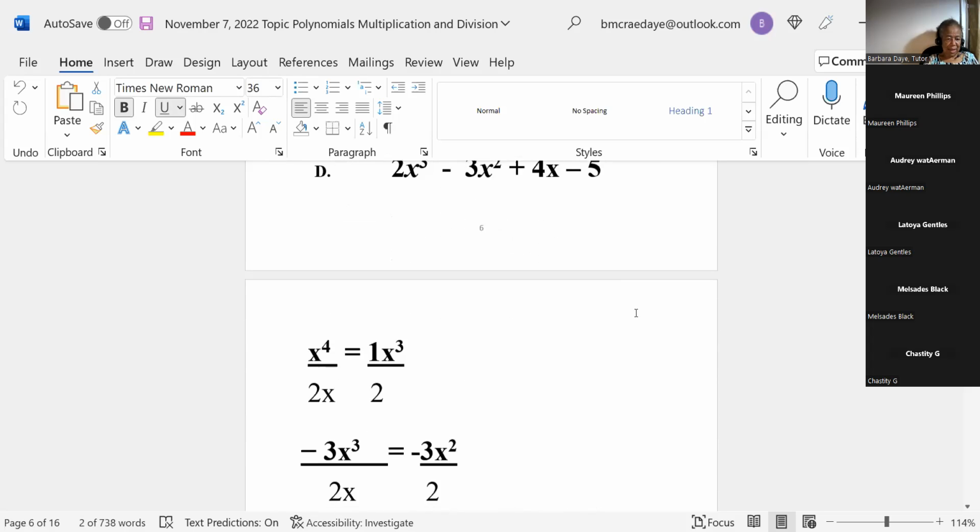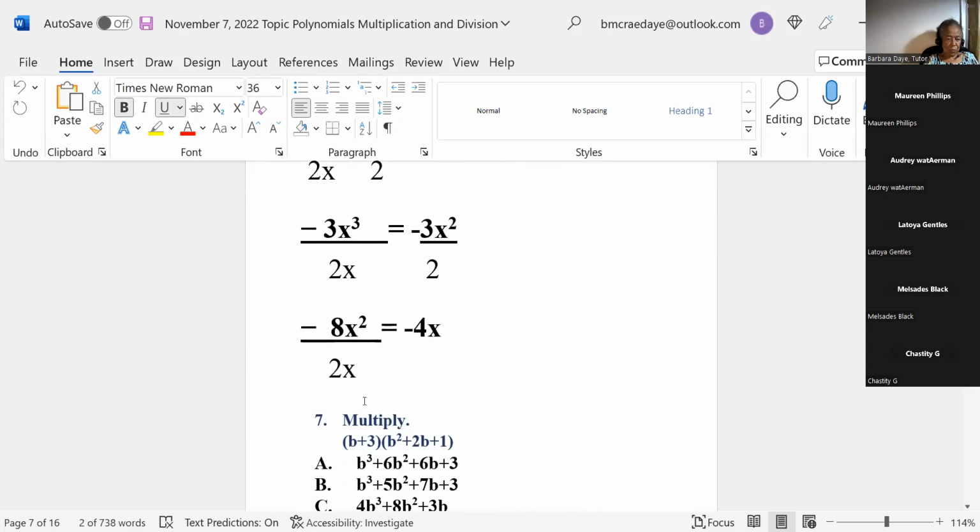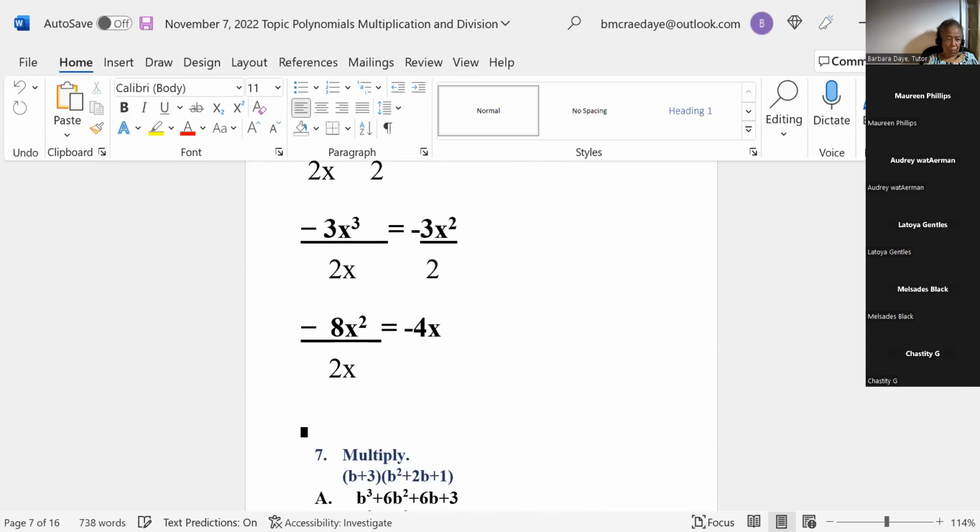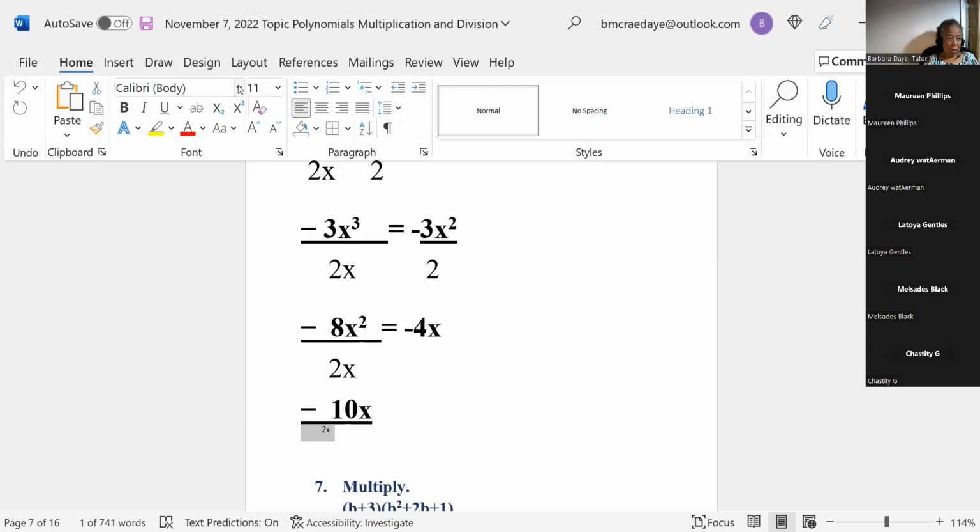And what do you divide that by, Latoya? 2x. Right, okay. So that's being divided by 2x. Make that bigger so we can see it.